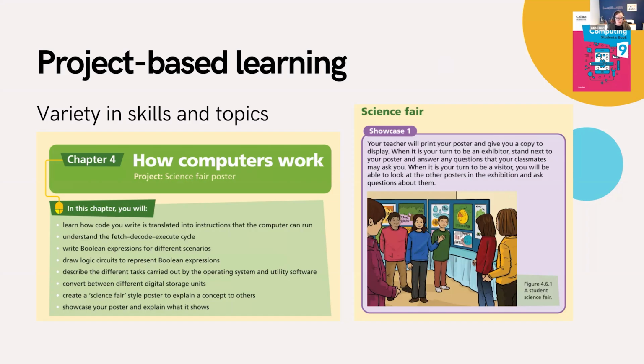So most of the, in fact, all of the chapters that are in these books, they are sort of like a little project. So at the end, the students will have created something or will have done something that has encompassed all of the learning from that particular chapter.